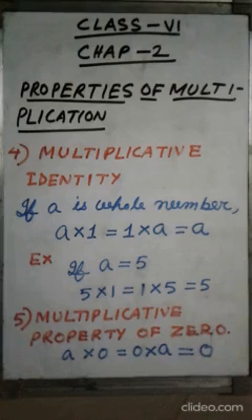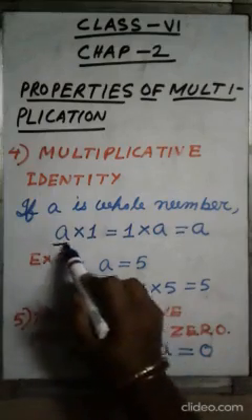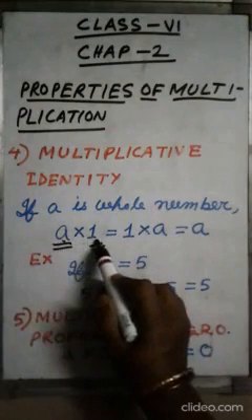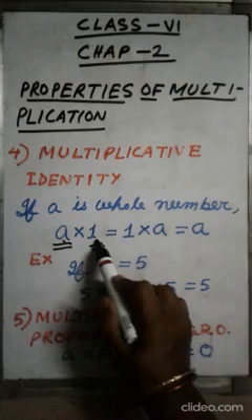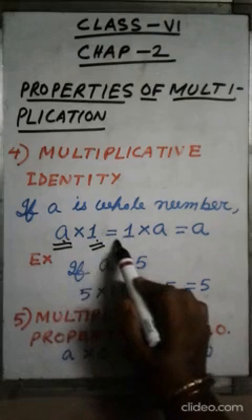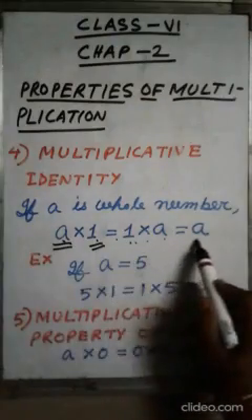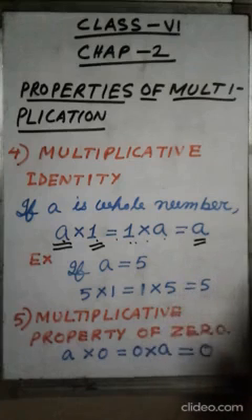That means if a whole number A is multiplied by 1, it will give you 1 into A, which is equal to 1A.